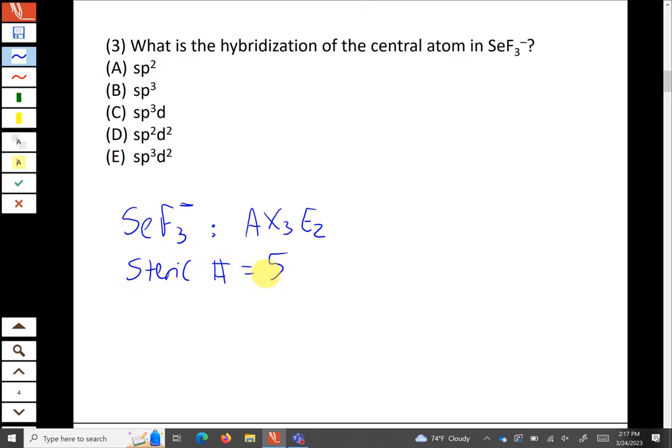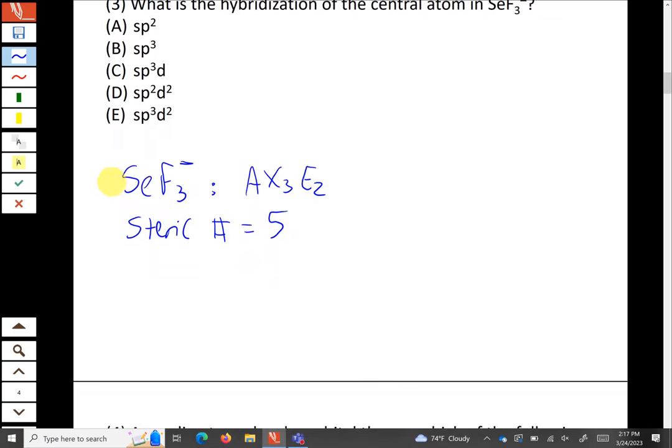So then to get the hybridization, you basically need to hybridize the number of orbitals that it takes to arrange 5 electron groups around the central atom. So available for hybridization, we have 1 s orbital, 3 p orbitals, and then up to 2 d orbitals that we can hybridize. There are 5 d orbitals, but only 2 of them are involved in hybridization ever. So we have these orbitals available.